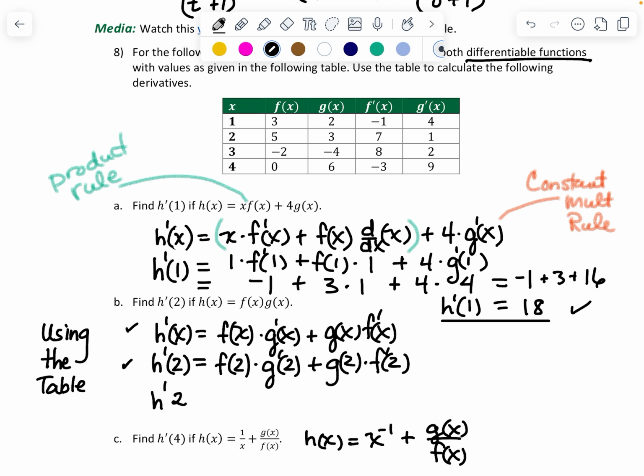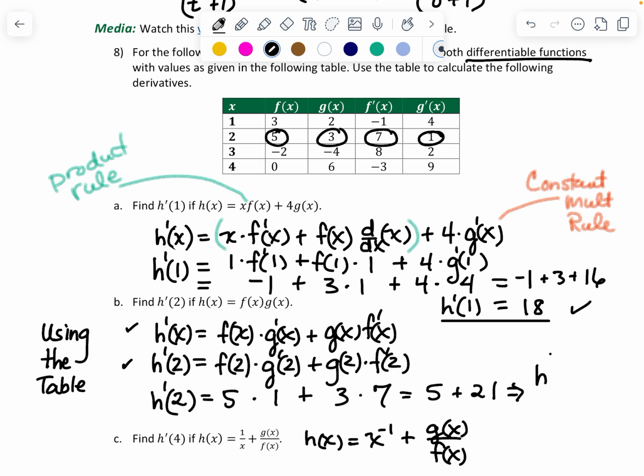So h prime of 2 is equal to f of 2, which is 5, coming from the table right here, times g prime of 2, which is 1, plus g of 2, which is 3, times f prime of 2, which is 7. So it looks like we get 5 plus 21. I believe we get 26 for an answer here. So h prime of 2 is equal to 26.